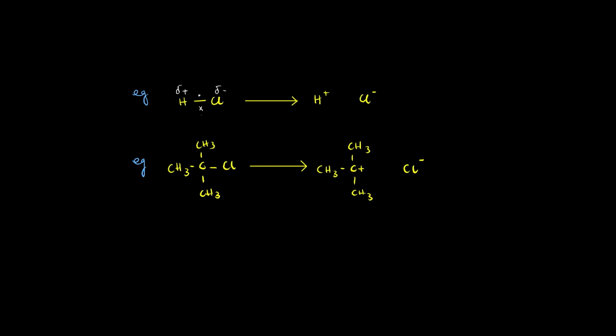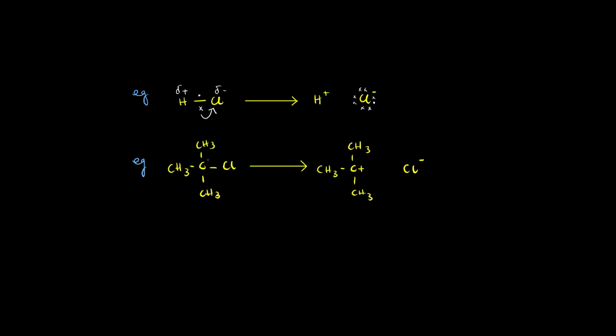So both of these electrons would go to the chlorine and we would have the chloride ion, with the 7 valence electrons of chlorine plus the 1 hydrogen valence electron. And the H plus ion would be like this.